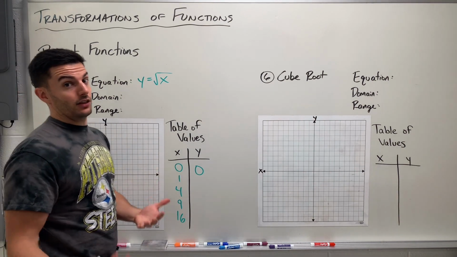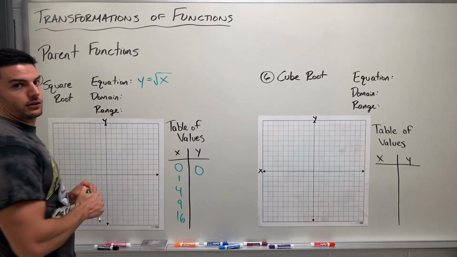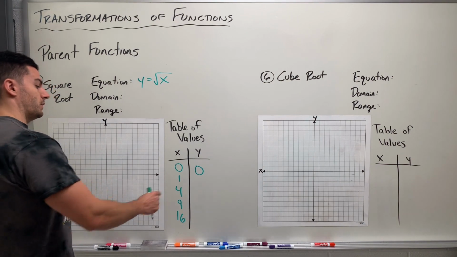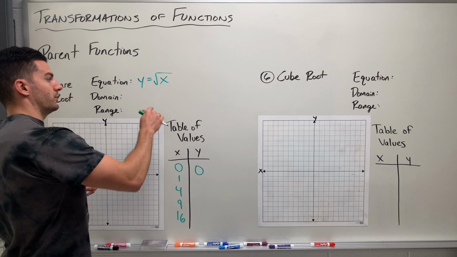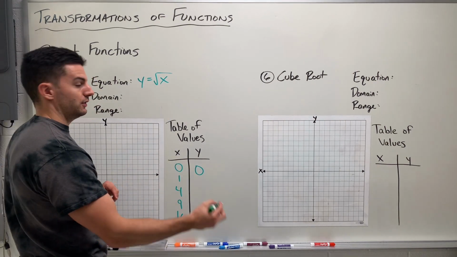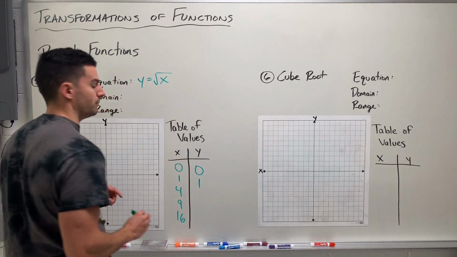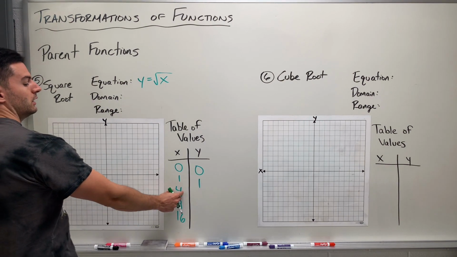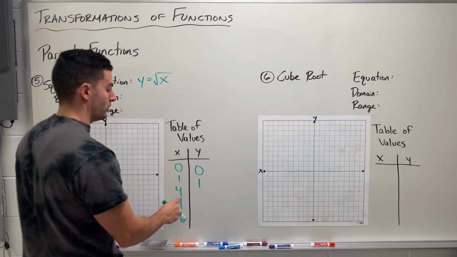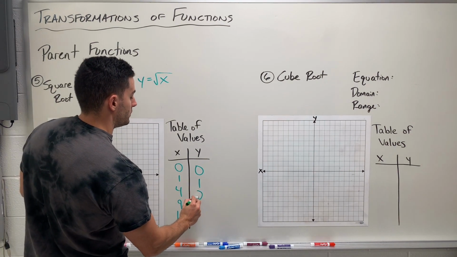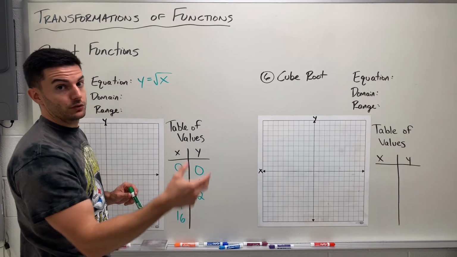And like I said, the origin is going to be included with all these parent functions. Now 1, if I plugged in 1, the square root of 1, or what times itself equals 1, that would be 1. But look, 4, if I took the square root of 4, what times itself equals 4, that answer would be 2, because 2 times 2 equals 4.